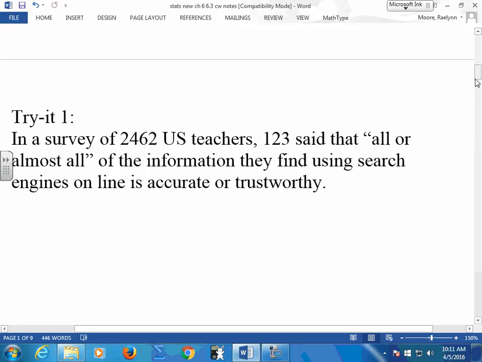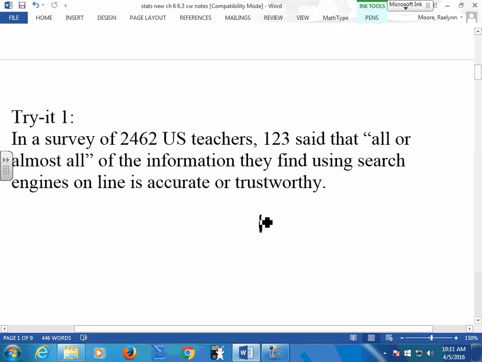So this is a sample. 123 of those surveyed said that all or almost all of the information they find using search engines online is accurate or trustworthy. Not a lot of people, is it? So the majority are saying that it's not trustworthy.